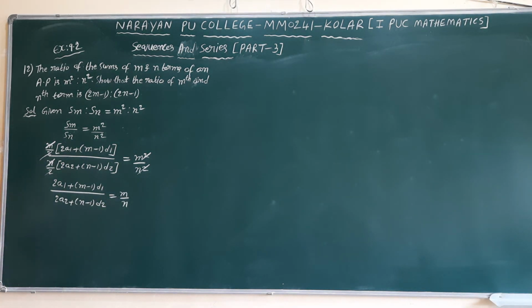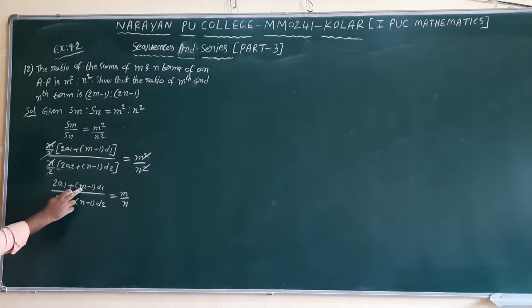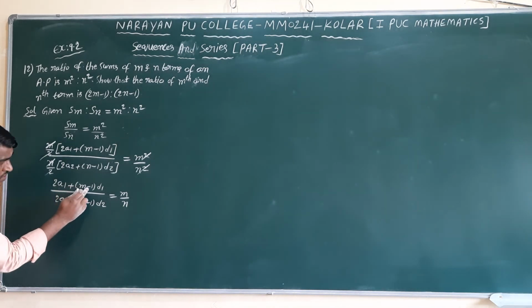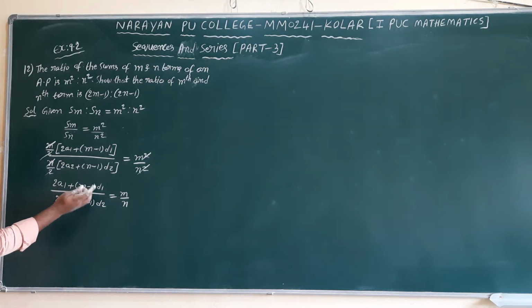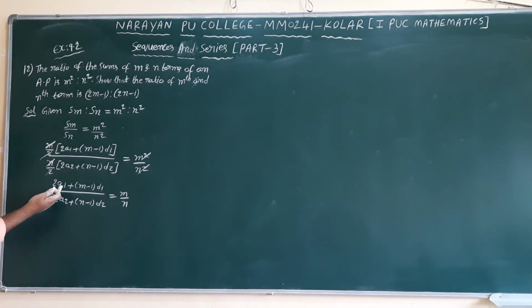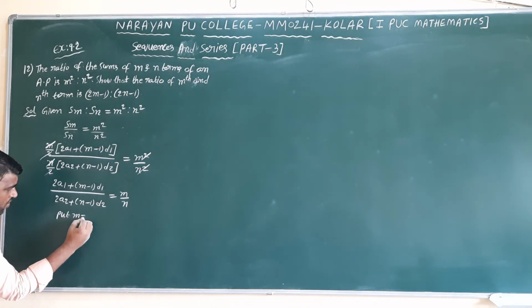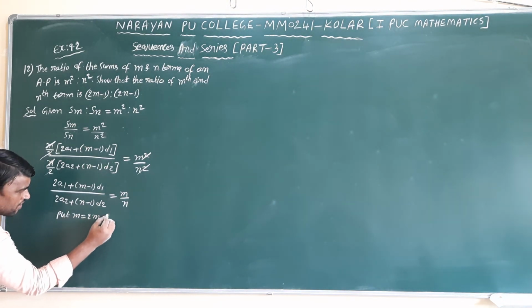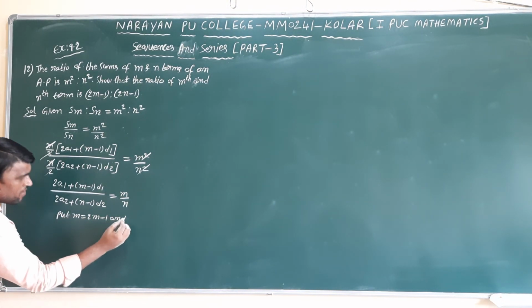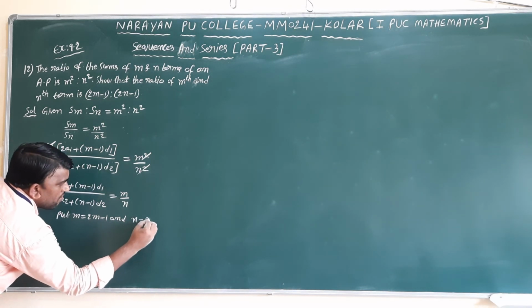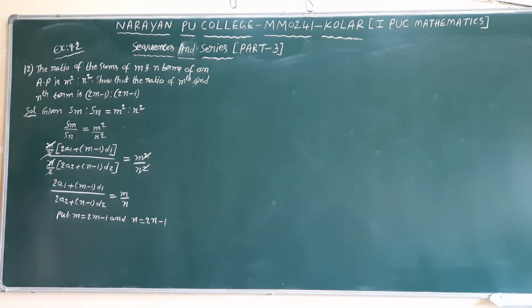So we need to get the mth term. To get the mth term, in place of m, suppose 2m minus 1 is there. So 2m minus 1 minus 1, that is 2m minus 2, 2 is taken out, we'll get a1 plus m minus 1 into d. So for that, put m equal to 2m minus 1 and n equal to 2n minus 1.